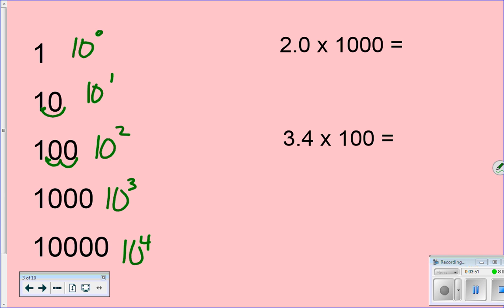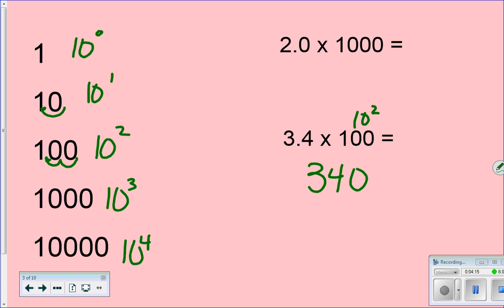Okay, now the reason why we're using those tens: let me give you an example. Let's talk about 100. What is that? It's 10 to the second, right? So this is 3.4 times 100. To solve this problem in your head, how many times do you need to move that decimal? 2. So I know 1, 2 would be 340, correct?